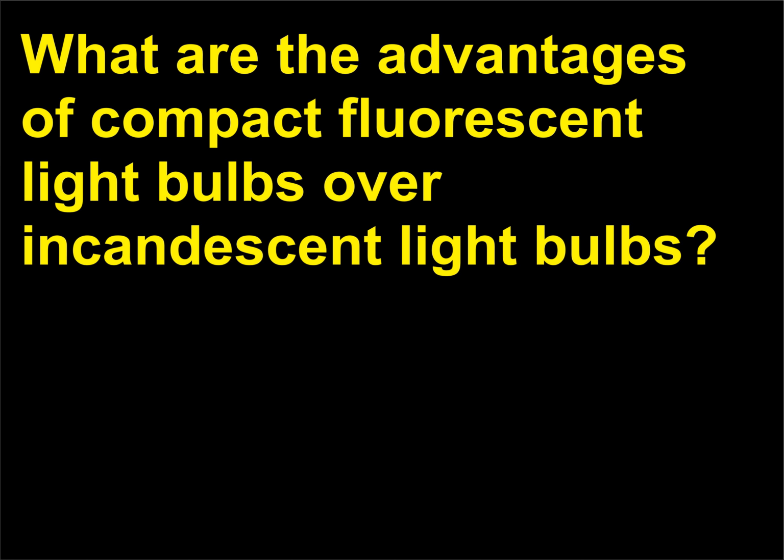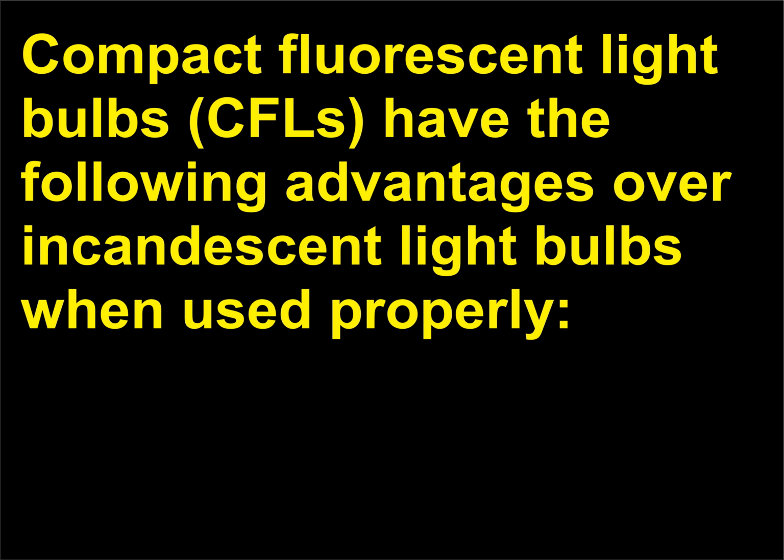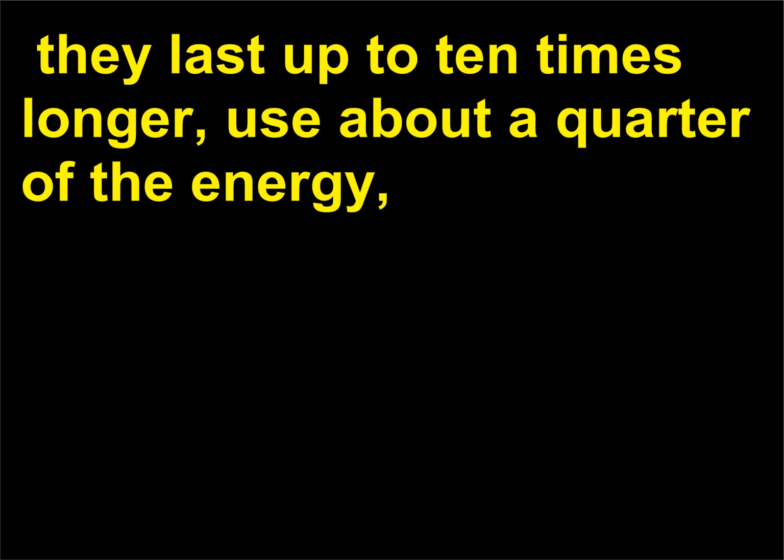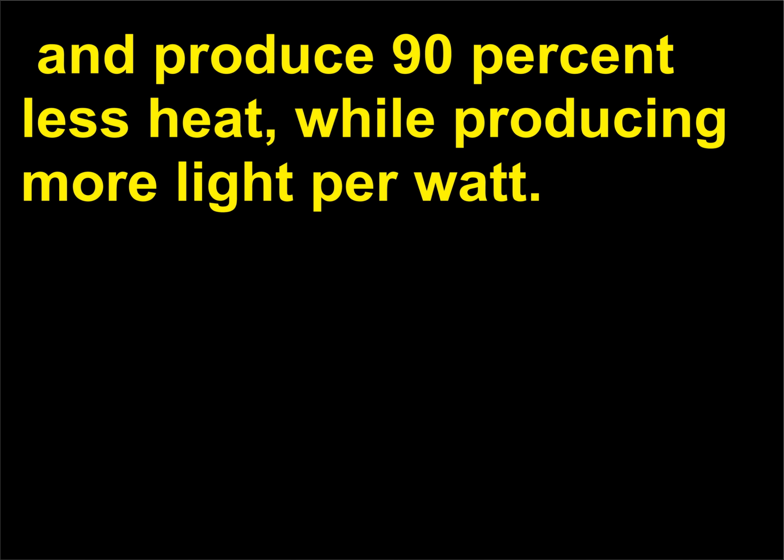What are the advantages of compact fluorescent light bulbs over incandescent light bulbs? Compact fluorescent light bulbs, CFLs, have the following advantages over incandescent light bulbs when used properly. They last up to 10 times longer, use about a quarter of the energy, and produce 90% less heat, while producing more light per watt.